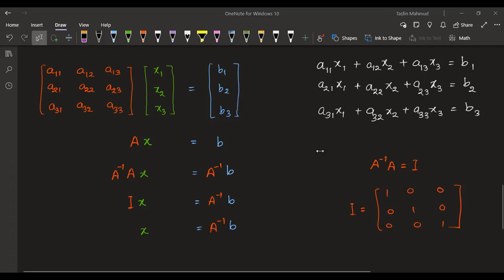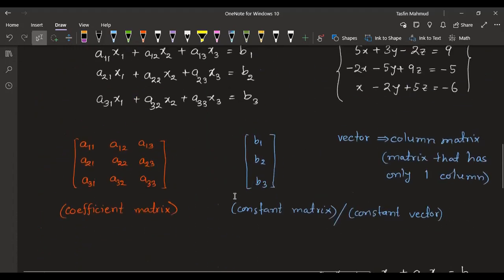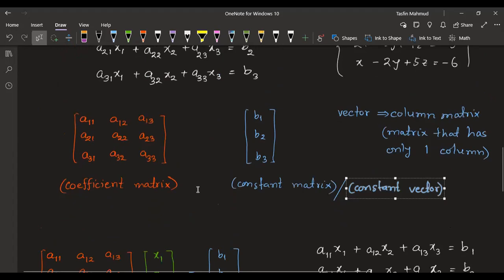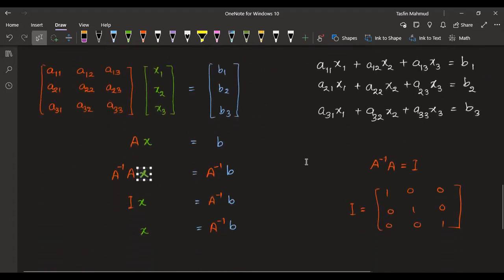Are there any specifications for the x and b vectors? This b vector is called the constant vector. This b is called the constant matrix or the constant vector. The x is actually the vector of the unknowns. Okay, x is also a vector if you look carefully. This is a column matrix as well.